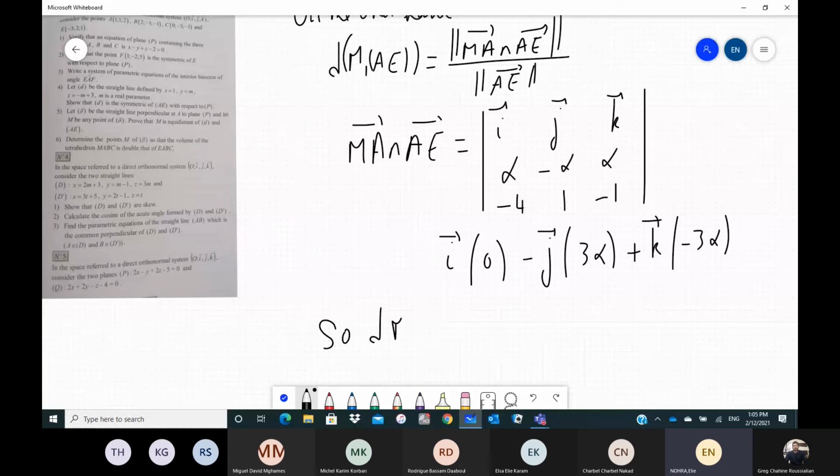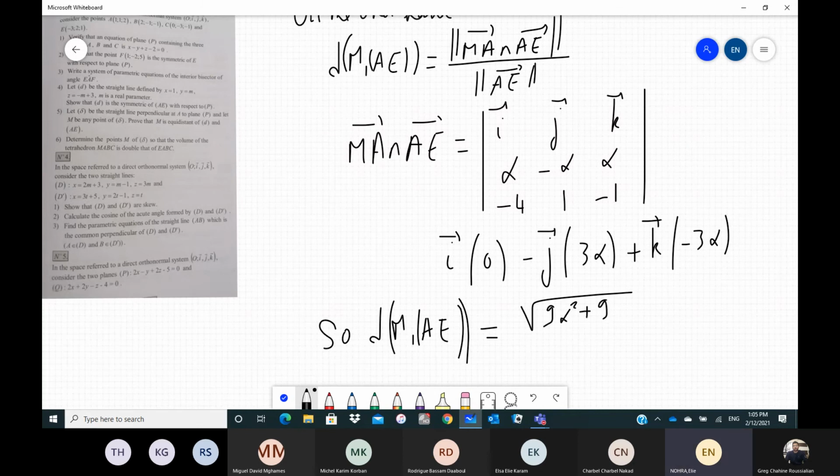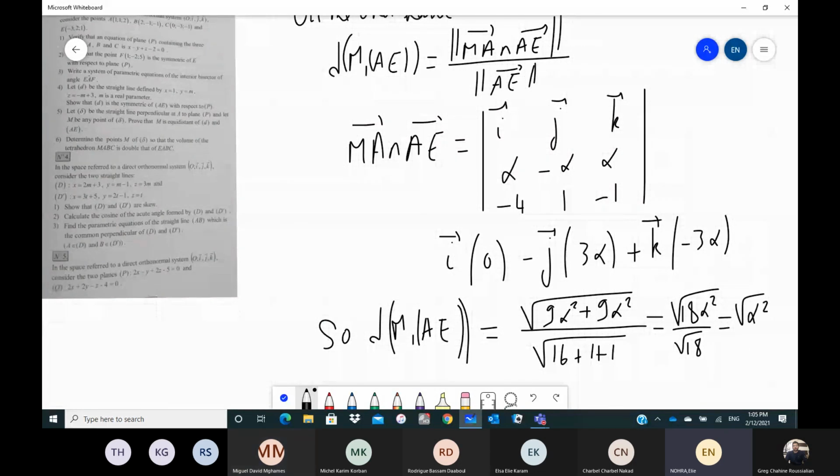So the distance from M to AE equals the radical of 9 alpha squared plus 9 alpha squared over the radical of 16 plus 1 plus 1, which gives the radical of 18 alpha squared over radical 18, so the radical of alpha squared.